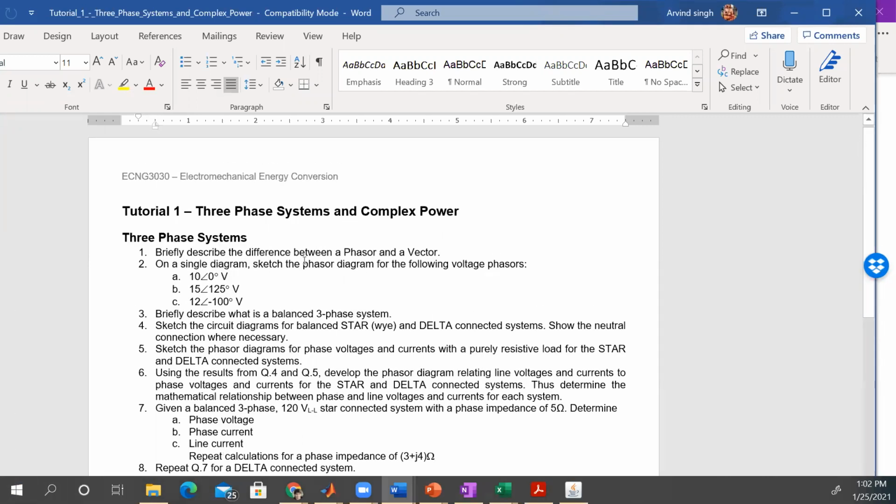The first one, briefly describe the difference between a phasor and a vector. This is actually something that is debated in academic circles, whether a phasor is a vector or not. Some people say yes, it is a vector because it satisfies all the mathematical definitions of what a vector should be. Some people say it is not a vector because really it is just a different notation for a sinusoid.